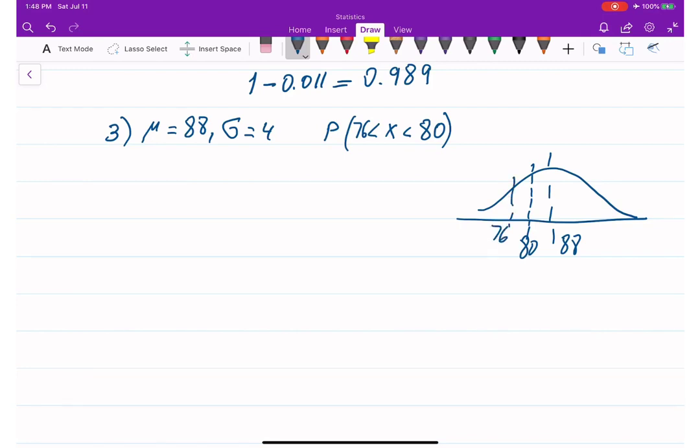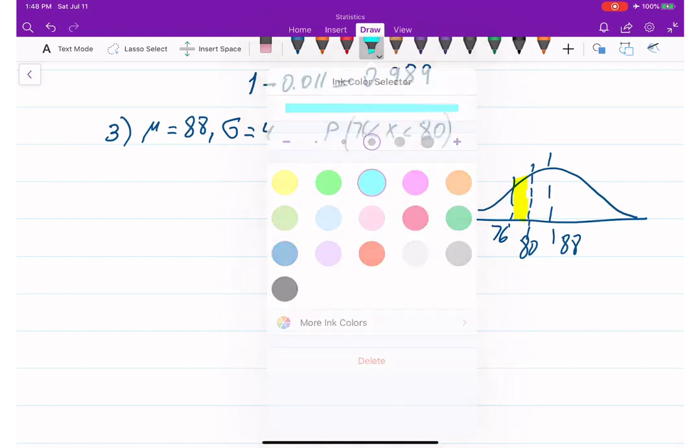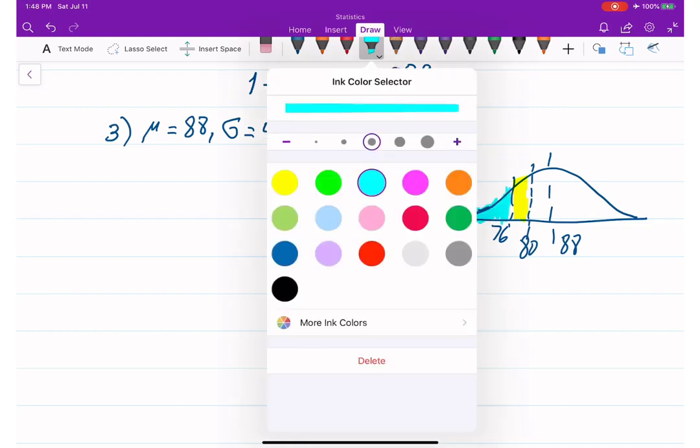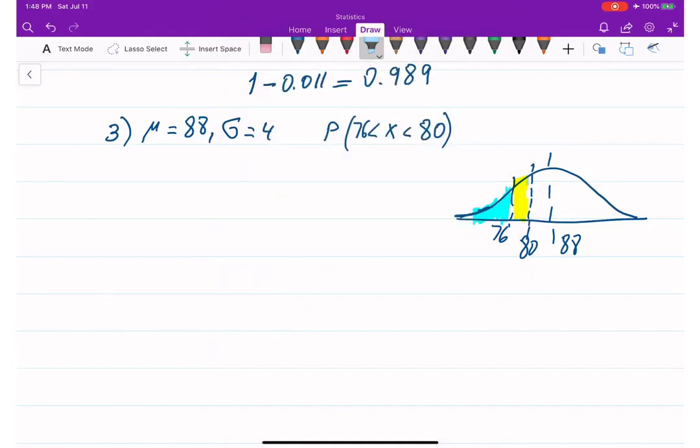So we need to find the piece in between. My table shows less than, right? So I'm going to find less than 76, and then less than 80. Can I find them? Yes.